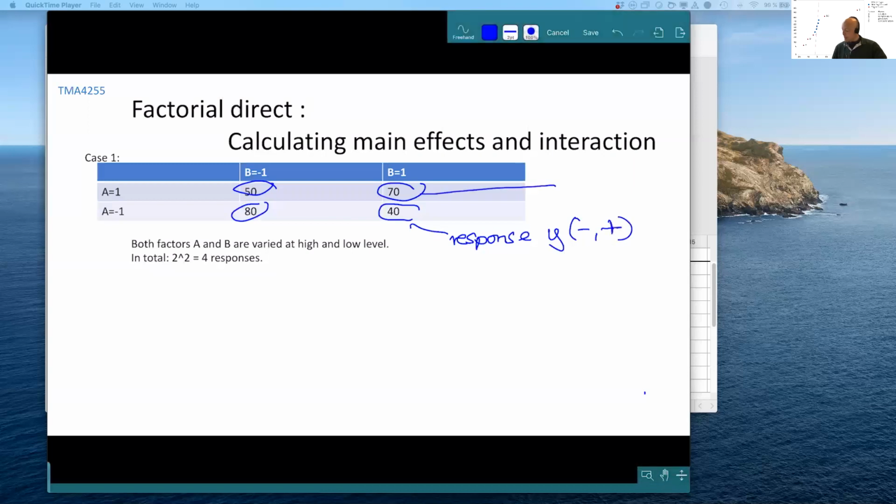Whereas this one is B high and then A is also high. So this is Y for the combination of plus plus, measuring at both high levels. And in total then, since there are 2 factors varied at high and low level, we have 4 combinations of high low, low high, low low, high high. And that means 1 measurement for each combination.